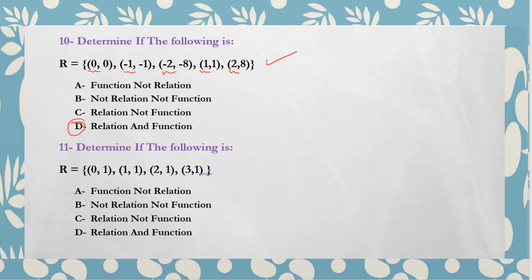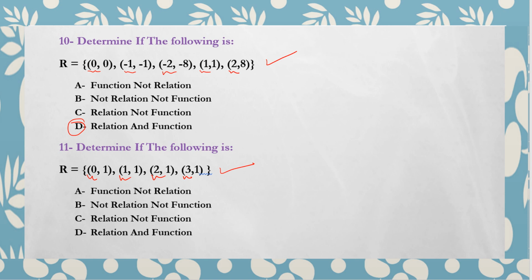Example 11, also determine if this is a relation and function or not. This is of course a relation in ordered pairs. Is this a function or not? As we just said, we go to the first element in the pair, or the domain.